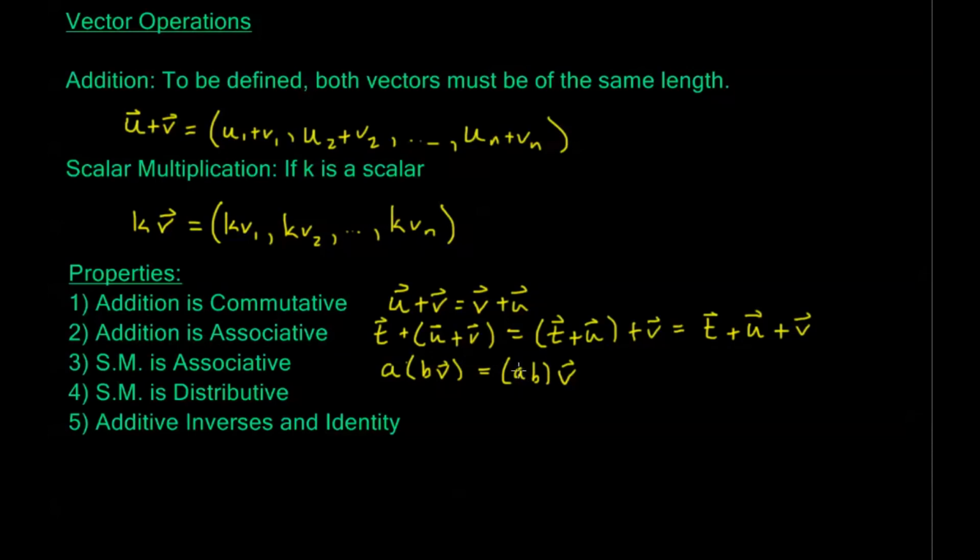Scalar multiplication is distributive, and what that means is if I have some scalar a multiplied by the sum of the two vectors u plus v, I should say it's distributive over vector addition. Now I can just distribute this a. This is the same as the scalar a times u plus the scalar a times v. And we have additive inverses and identity.